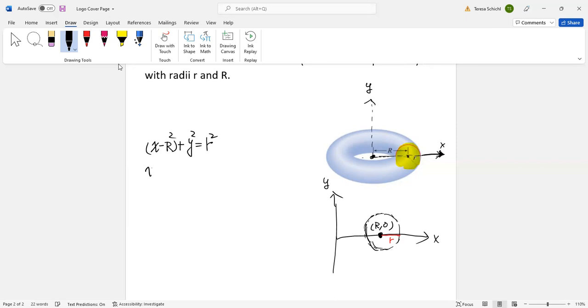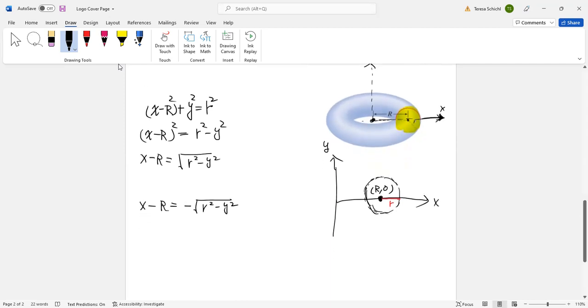That means solving x as a function of y. So (x minus R) squared is equal to r squared minus y squared, so x minus R will be equal to the square root of r squared minus y squared. Also, x minus R could be the negative square root of r squared minus y squared, because when we take the square root we can have the positive or negative square root.